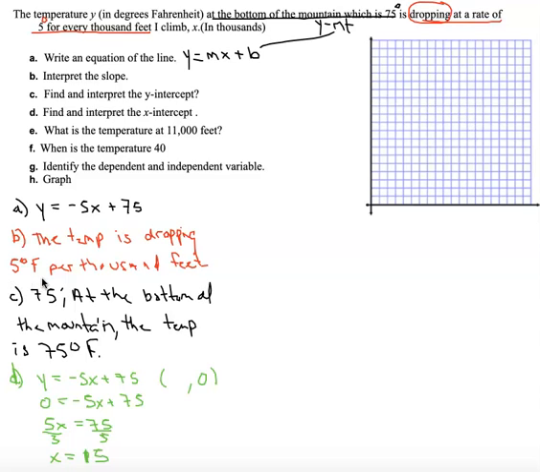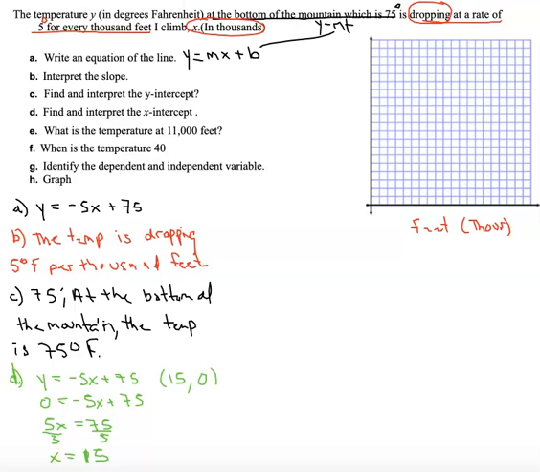And then the next part is now I have to interpret. What does that mean? So I got a coordinate of 15, 0. So when you think about what the x units are, X is my feet I climb in thousands.